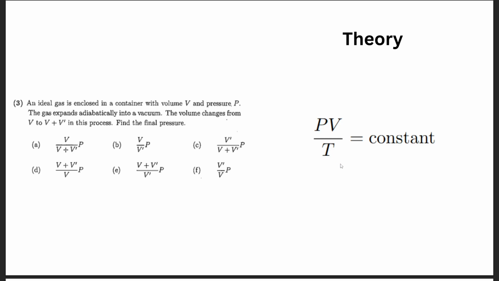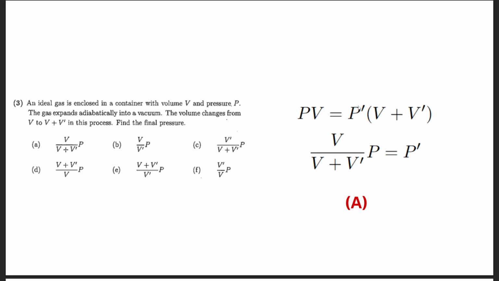PV over T is always constant, and since adiabatically means that the temperature is constant, we can write PV is equal to P V after.